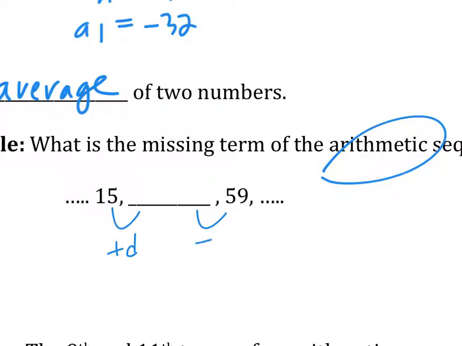So in order for me to get from 15 to 59, how many D's did I add? 2. So 15 plus 2D is going to equal 59. Can I figure out what D is? Yes. After I figure out D, can I figure out the missing number? Yes. So go ahead and try that.